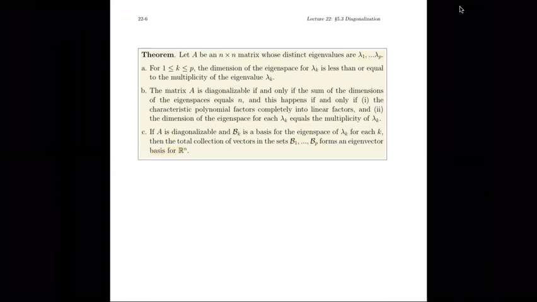If we have n linearly independent vectors that all come from our collection of eigenvalues, maybe multiple from some of our eigenvalues, but matching their multiplicities, as part B suggests, then we know with n linearly independent vectors, we have a basis for R^n. If these are all eigenvectors, then yes, it's an eigenvector basis for R^n.